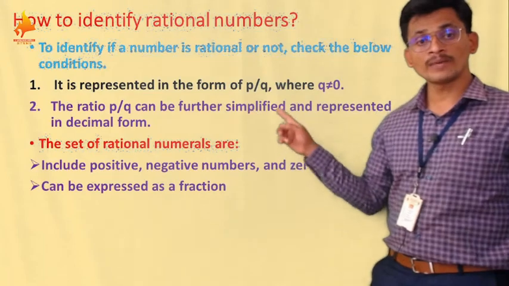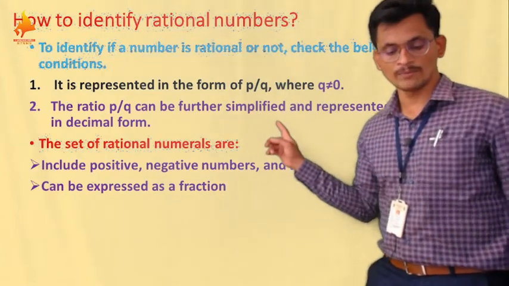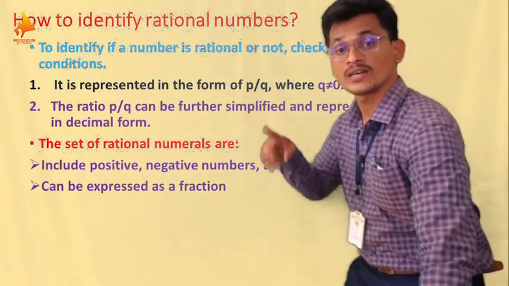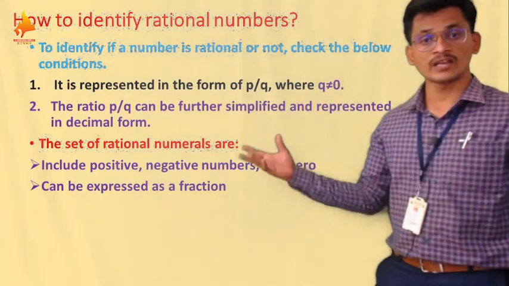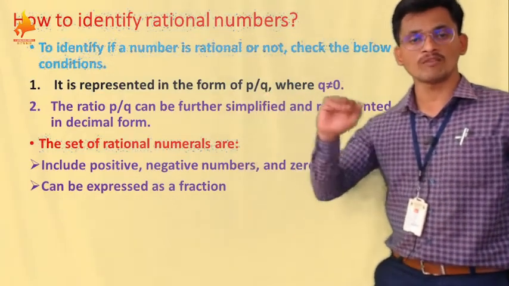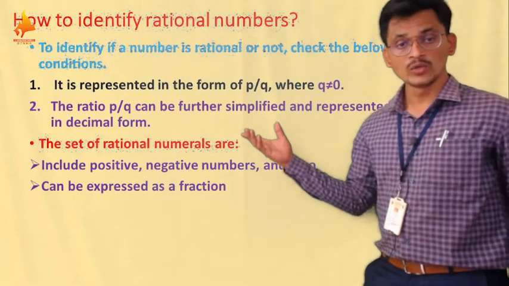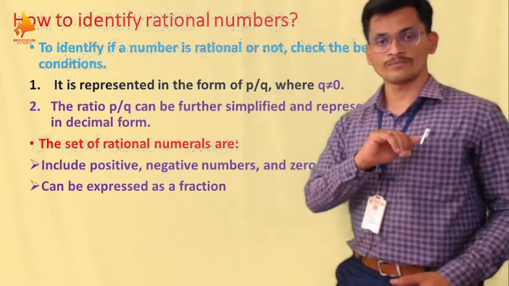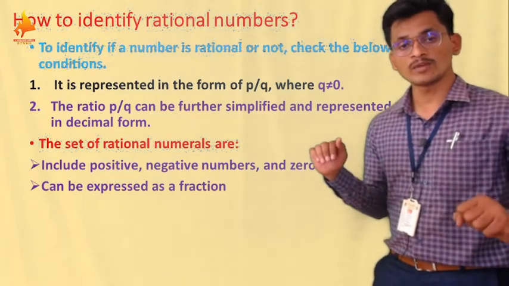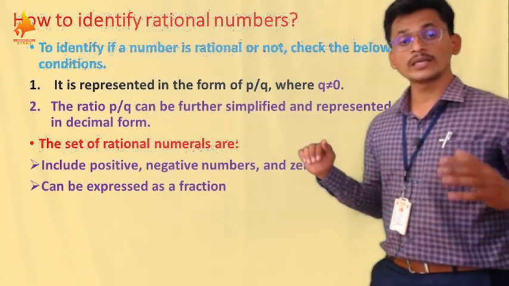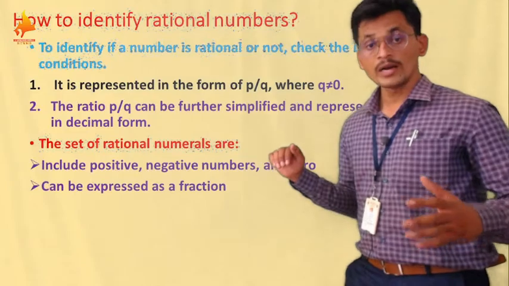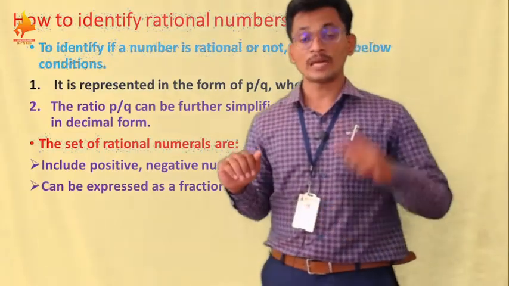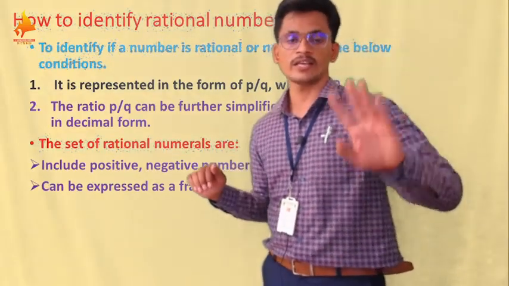And the ratio p by q can be further simplified, and we can represent it in decimal form also. But what type of decimal form? Either recurring or terminating decimals. That part you will learn next year.